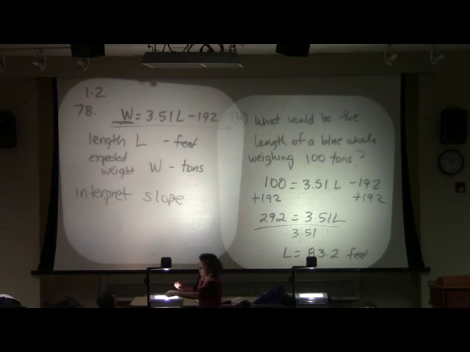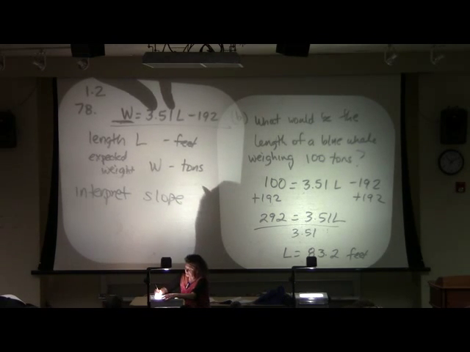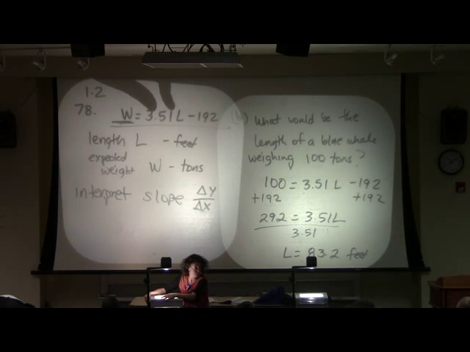All right, so remember, your slope is a rate of change. It's the change in the y values over the change in the x values. Why am I going through that? Well, because I want to talk about my units. I need to know what my units are if I'm interpreting this.